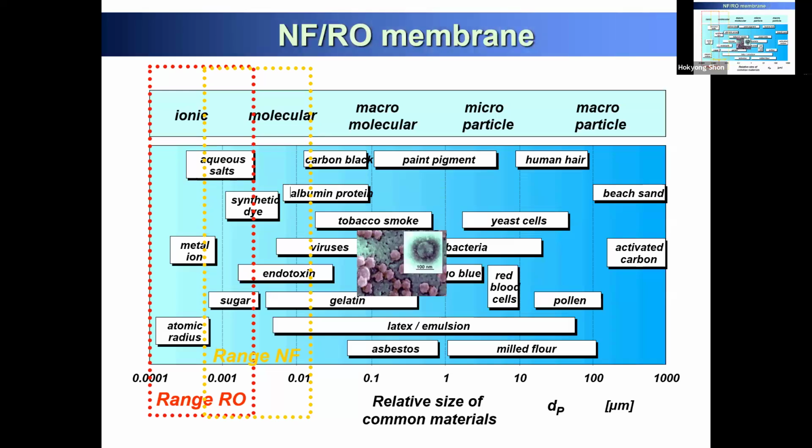So, nanofiltration, reverse osmosis. RO can remove most atoms, metals, and nanofiltration removes some of them, but reverse osmosis can remove very small molecules, sodium, chloride.